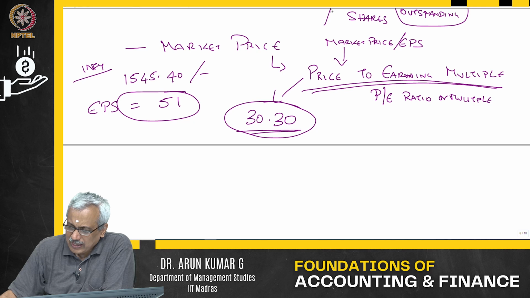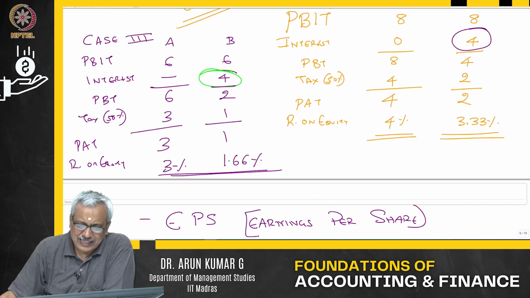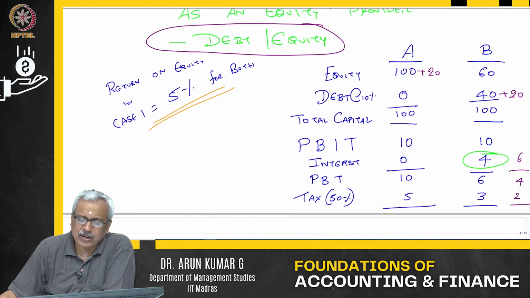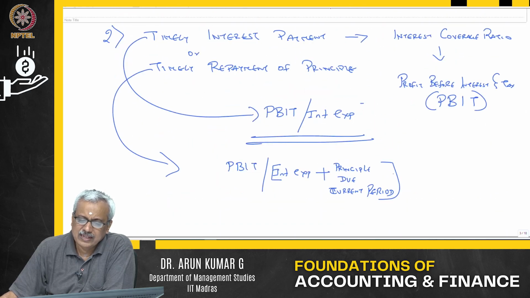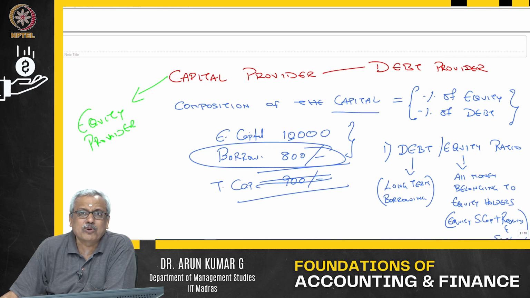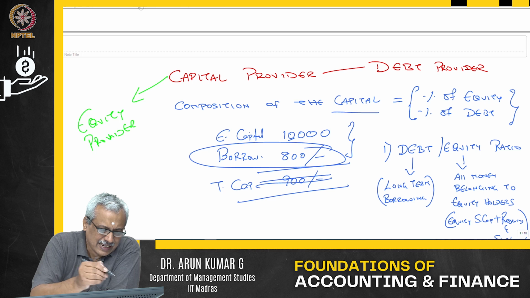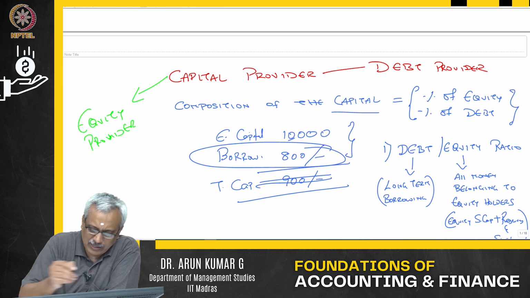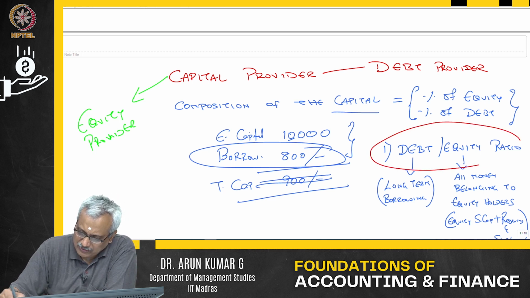So, what did we look at? We looked at the capital provider point of view in the last class. First we started with the debt provider. What is he interested in? I am interested in the debt and equity part of it, the debt equity ratio.